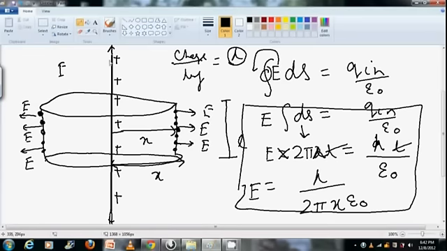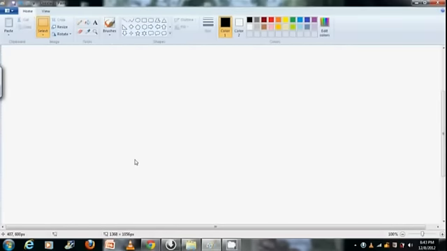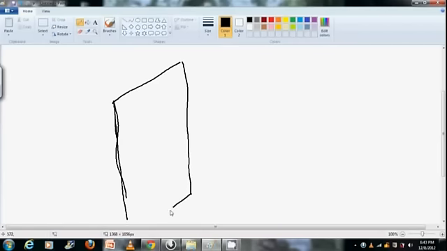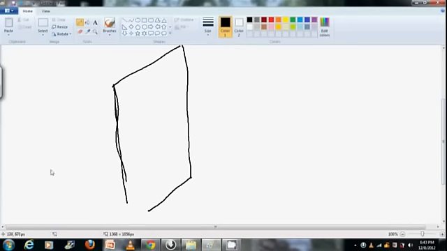Now this I have taken a line. Let us take a more difficult problem, a two-dimensional problem. Say I have a sheet. Now I don't have a line, but I have an infinite, very big sheet of paper or any material, non-conducting material in this case.